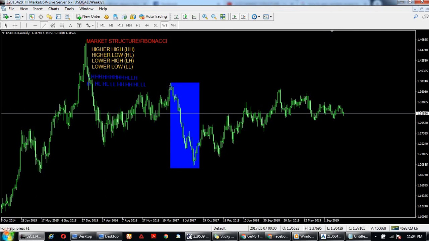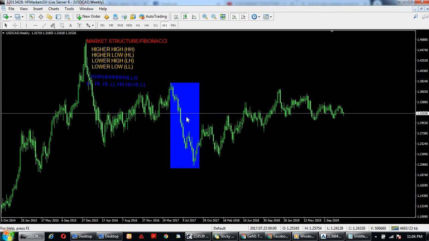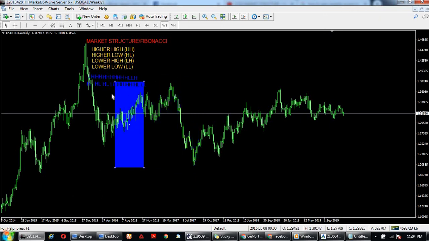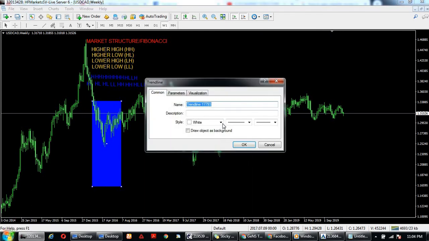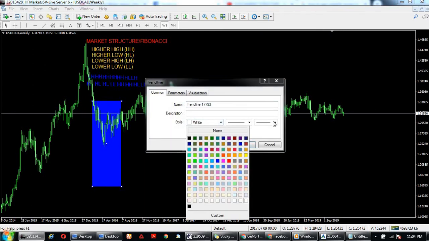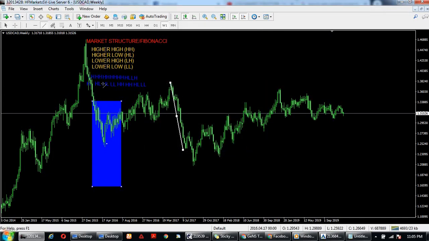We had this impulsive movement all the way to the downside. Then price did a pullback right here.